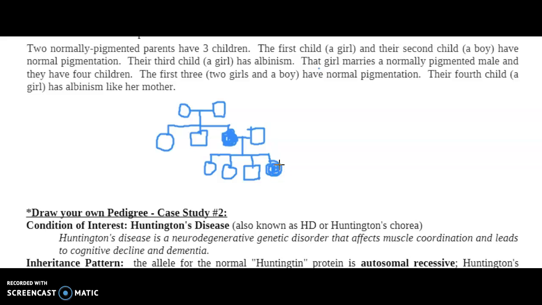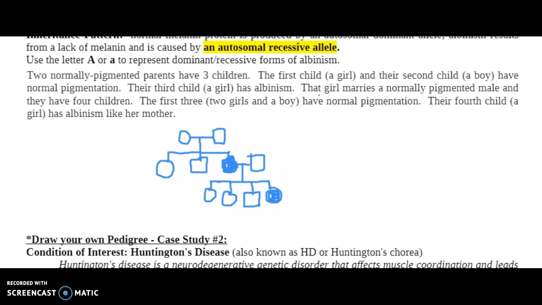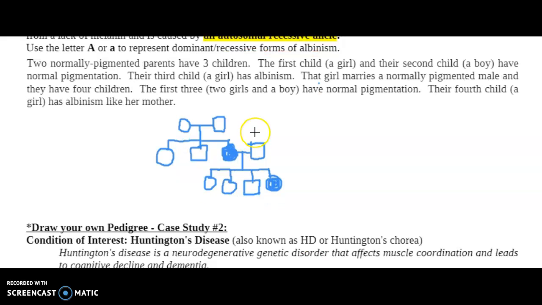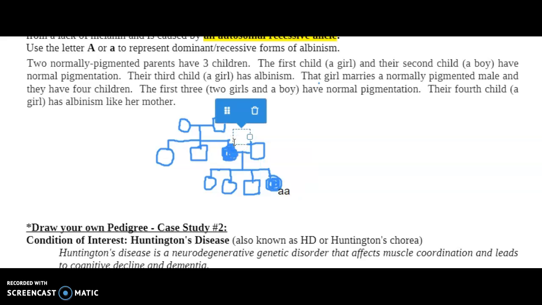Okay. So that's what we know so far. And it says it is an autosomal recessive. So the ones who have the trait, we know they would have to be little a, little a. This one would be little a, little a. And then one right here would have to be little a, little a.